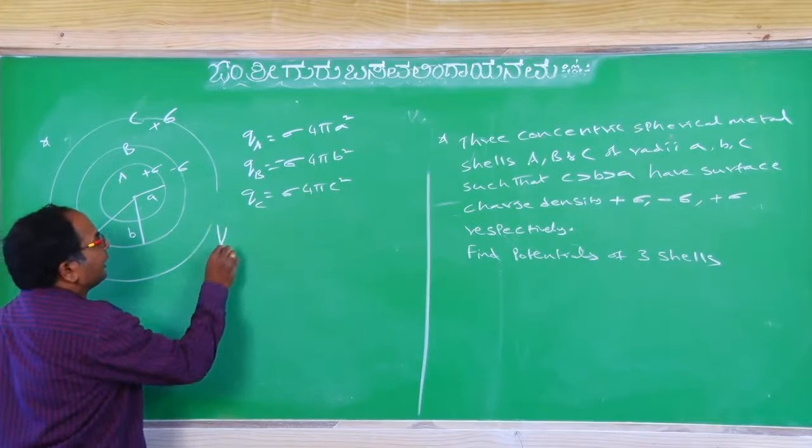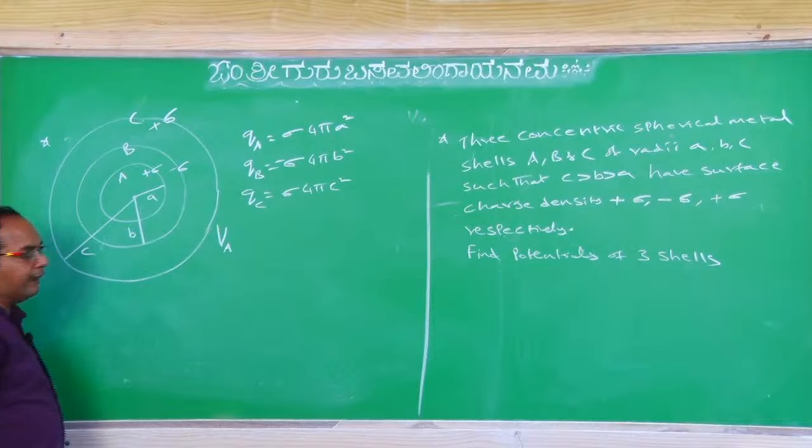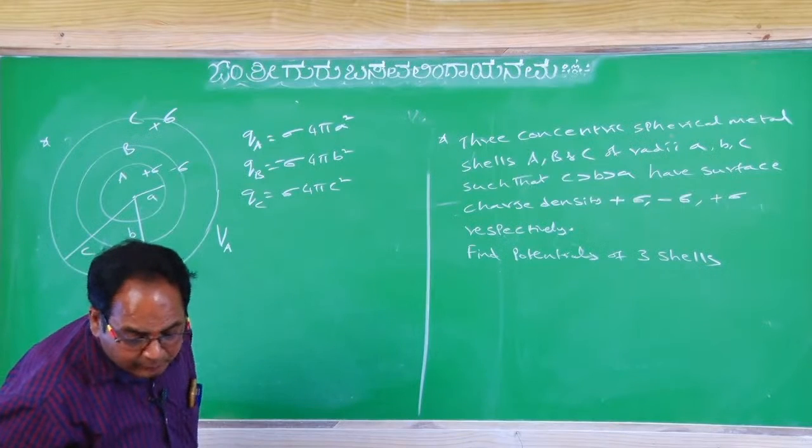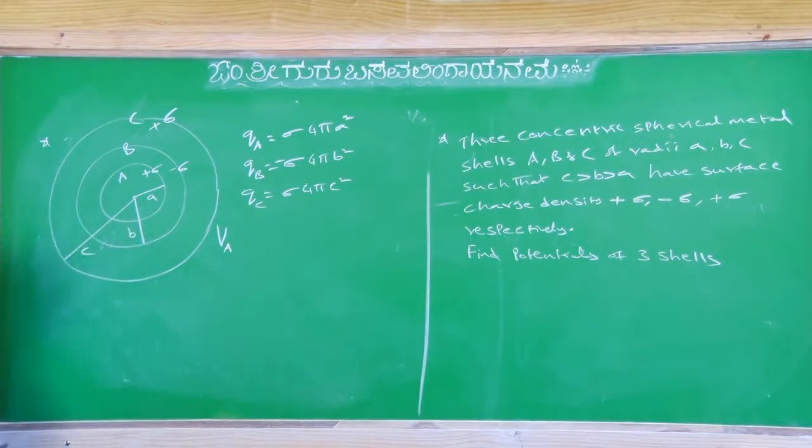Here potential on A. They are asking for individual potentials only. Here always remember that charge resides on the outer surface. If charges are nearer, then at each and every point all potentials are active.